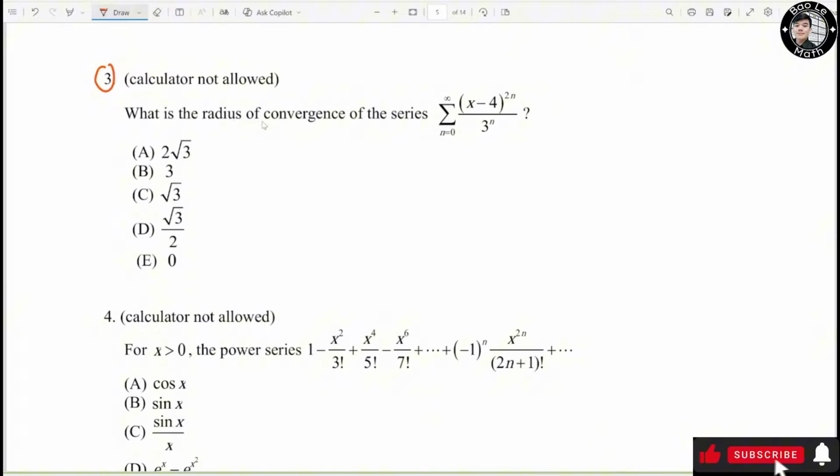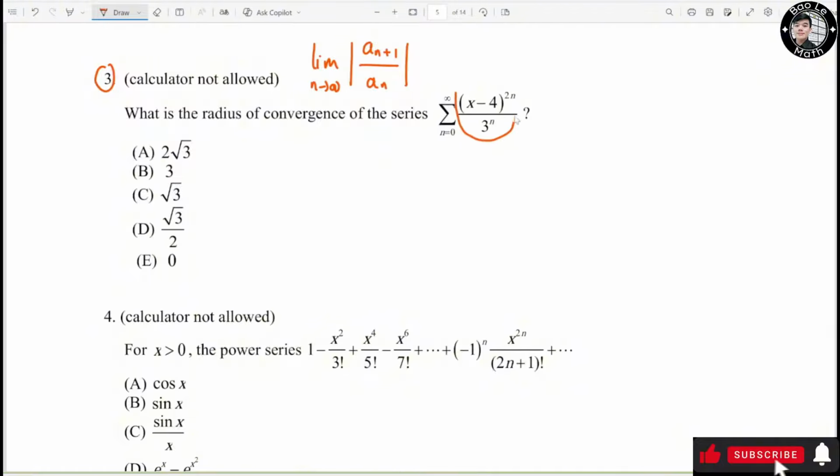Now let's move on to question 3. What is the radius of convergence of the series (x minus 4) to the 2n over 3 to the n? Again, we're going to use the ratio test. So we have the limit of the absolute value of a sub n plus 1 over a sub n when n approaches infinity.